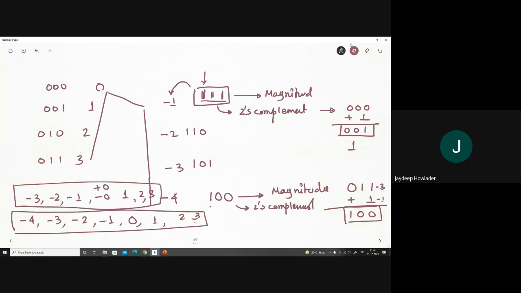But in this case, we have 8 distinct numbers, and one half is negative and the other half is positive. Understand? So what does the 2's complement do? The 2's complement resolves the sign of the zeros. It has only one representation of 0, and the other representations are negative numbers. Do you get this?